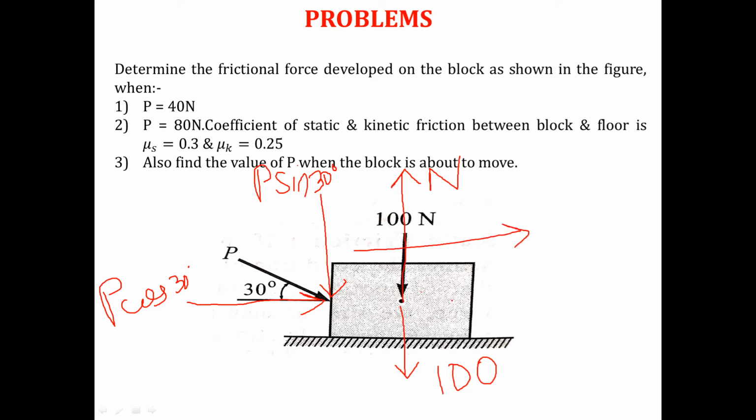Now due to this push force, the body is moving in this direction. If the movement of the body is in this direction, then the frictional force at the point of contact will be in the opposite direction. Let us assume that this is the direction of the frictional force.